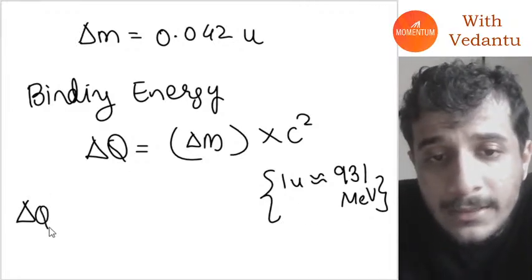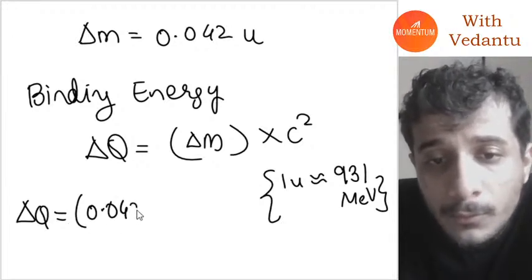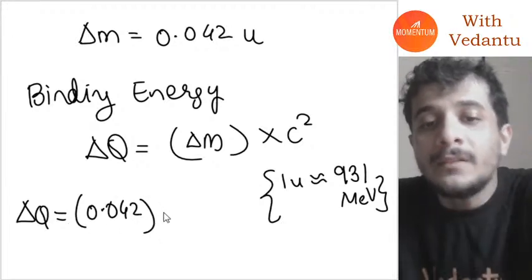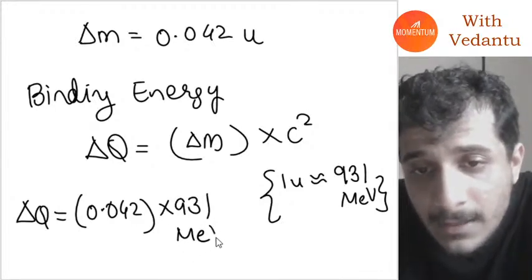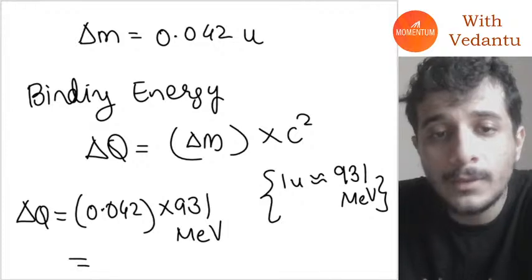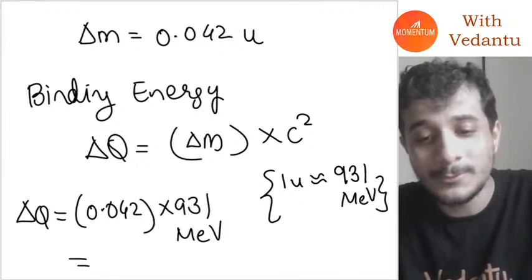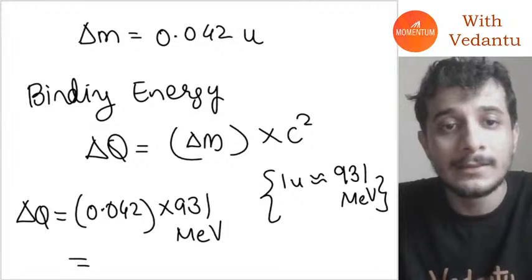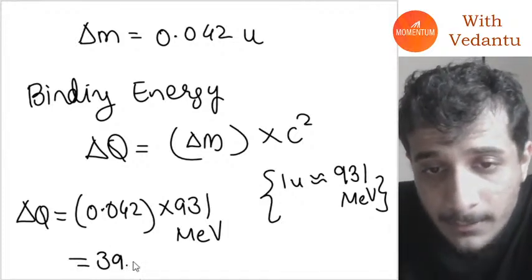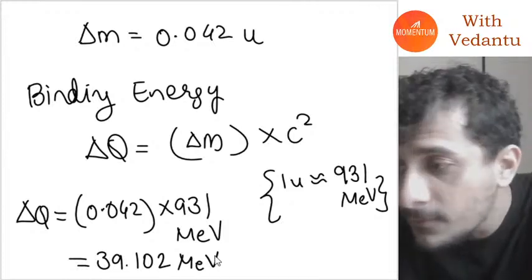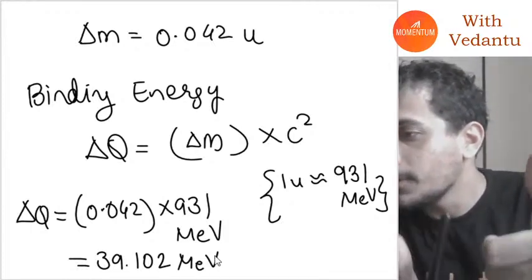Using that you can calculate delta Q as equal to 0.042 into 931 MeV, which will be nothing but 39.102 MeV. Guys, if you understood, please give me a thumbs up in the chat.